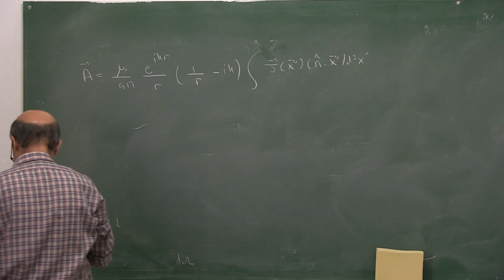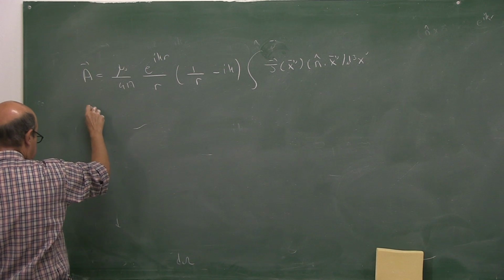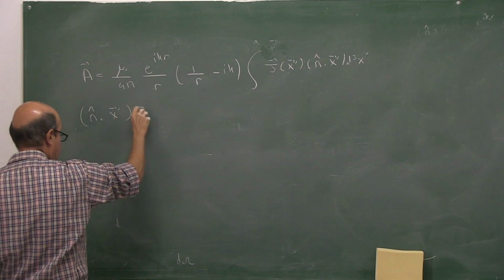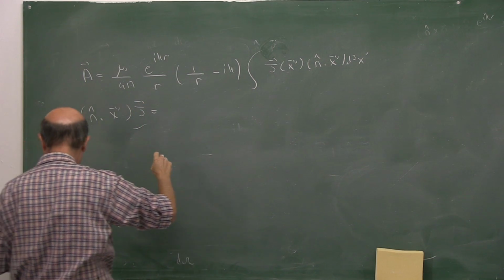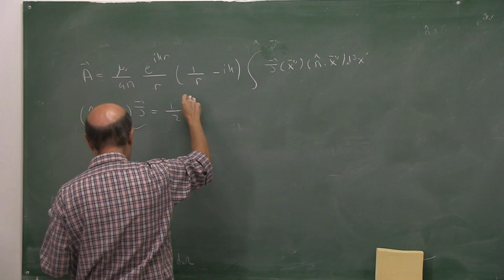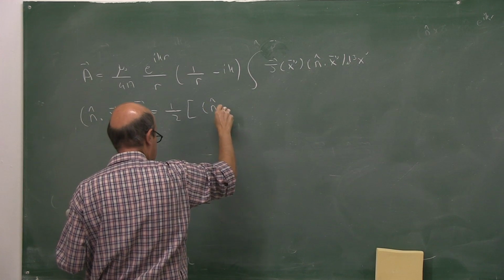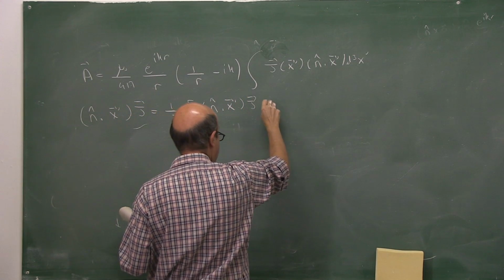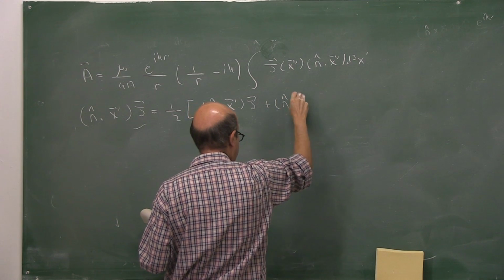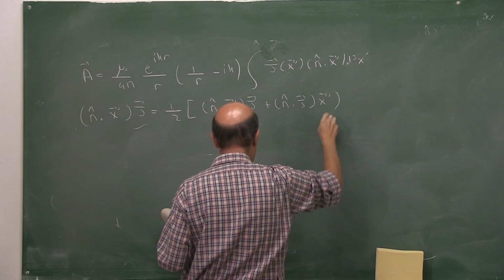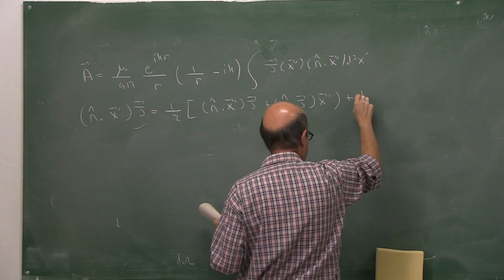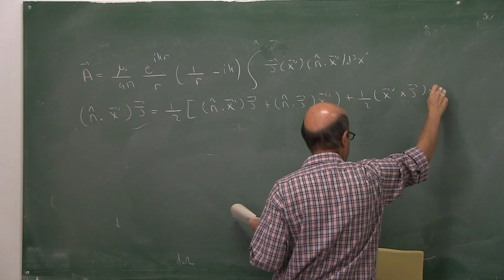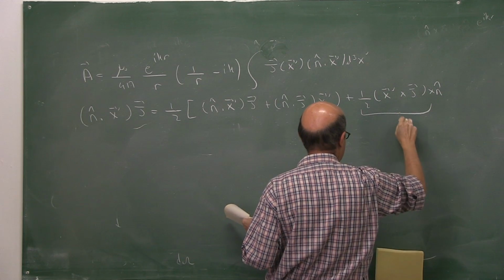And for that integrand, I wrote that n dot x prime along the current density is equal to 1 over 2 n dot x prime along the current density plus n dot j along x prime, plus 1 over 2 x prime current density cross n. So I studied this part.